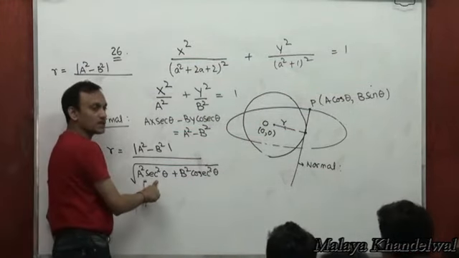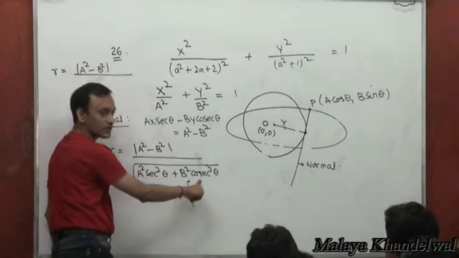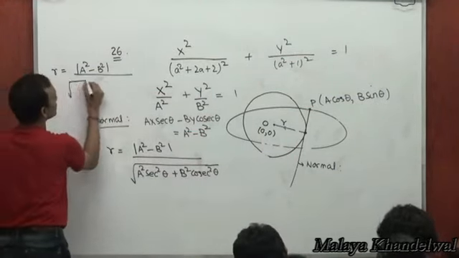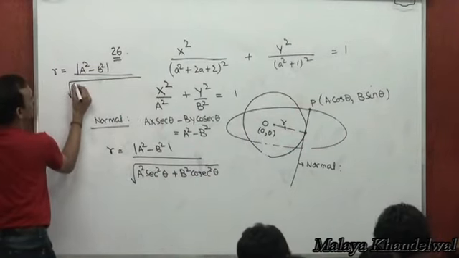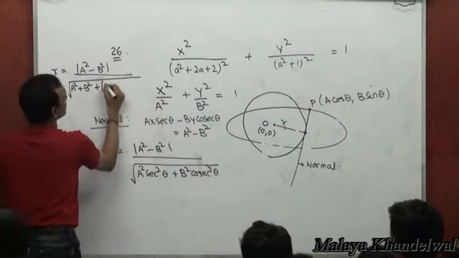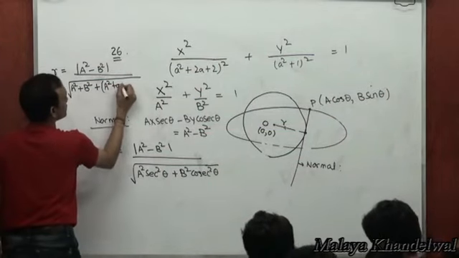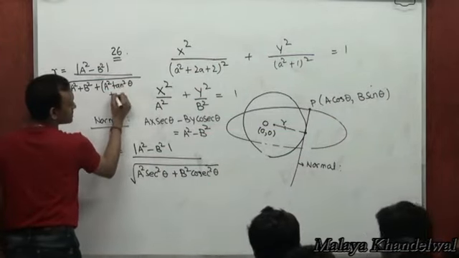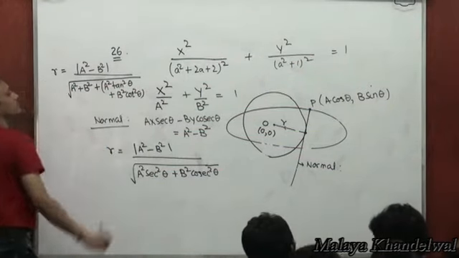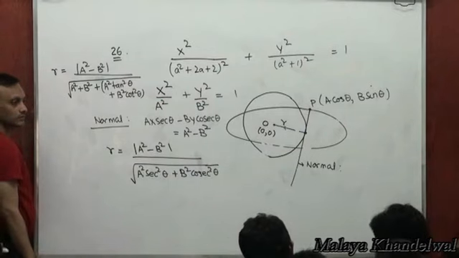I write sec squared theta as 1 plus tan squared theta, cosec squared theta as 1 plus cot squared theta, right? So I get in the denominator a squared plus b squared plus a squared tan squared theta plus b squared cot squared theta.